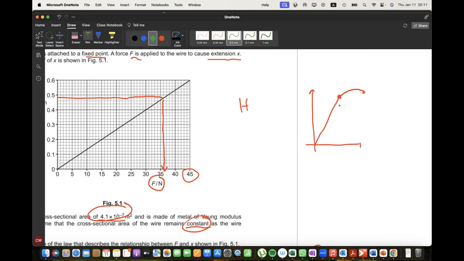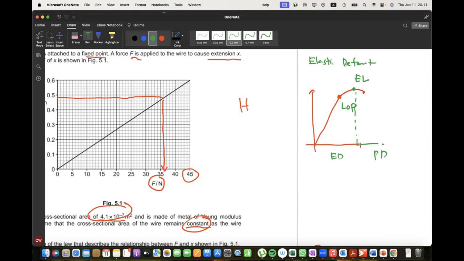There is a point here. This is called limit of proportionality. And then there's one more point called elastic limit. So this point is the borderline. Before the point, if you stretch before the point, you follow the original path, go back. It's called elastic deformation. When you stretch after this point, then you go through something called plastic. So this is elastic. After the point, it's called plastic.